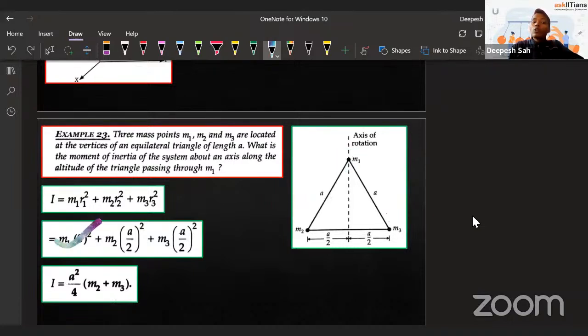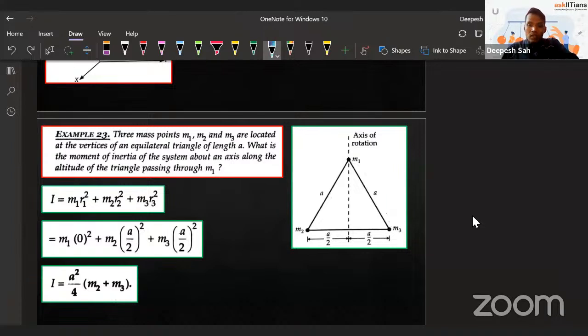So M1 into 0 square. Mass 2 is at a perpendicular distance of a by 2 from the axis of rotation. So M2 into a by 2 whole square. And finally, M3 is at a distance of a by 2 again. But this is a very easy question and you will not receive a question like this. This was just to show you what moment of inertia is and how to calculate it.